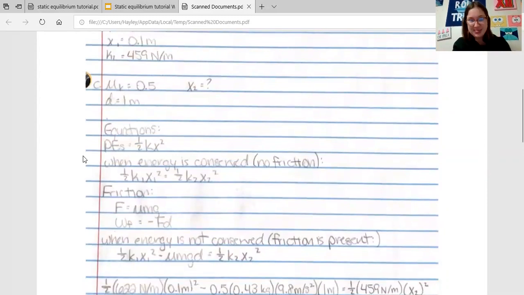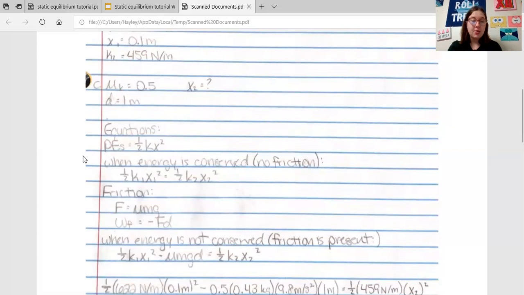So some equations to keep in mind when solving this problem. The equation for the potential energy of a spring is 1/2 kx squared. When energy is conserved in a system, so when there's no friction, you can set this equation equal to each other. So it would be 1/2 k1 x1 squared equals 1/2 k2 x2 squared. But keep in mind that part C does have friction.